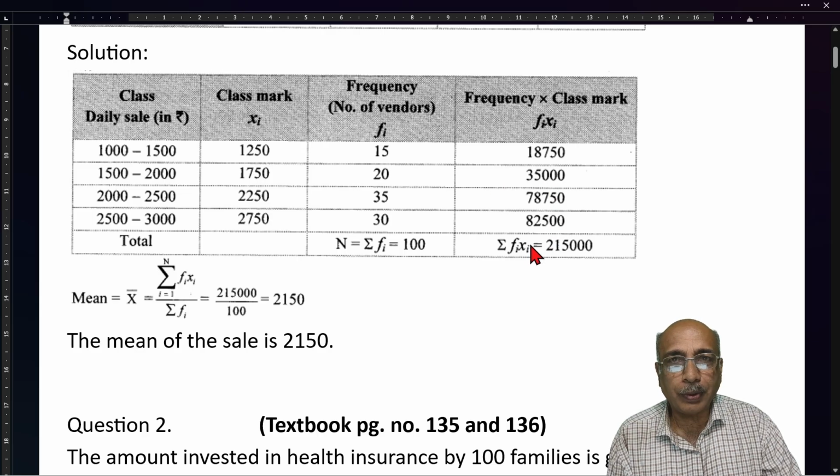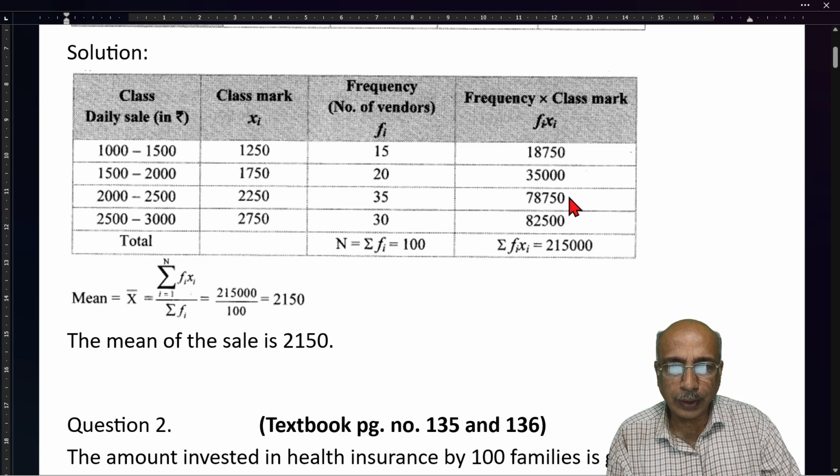Next step, what we have to do is sum of fi xi. We have to add. Now, how to add? Write all the terms one digit below another, for example unit digit, tens, 100, 1000, 10,000.